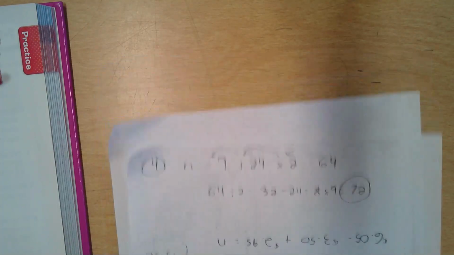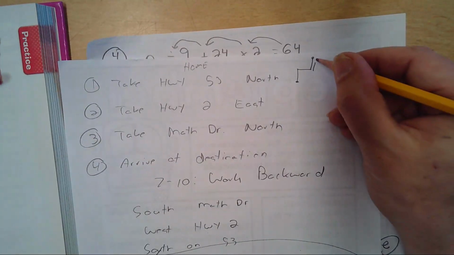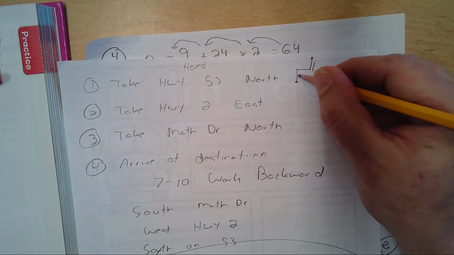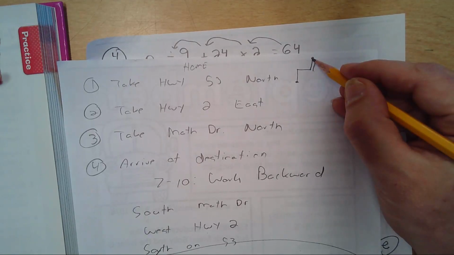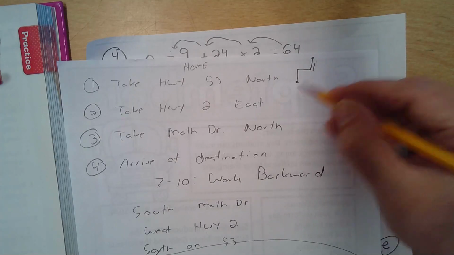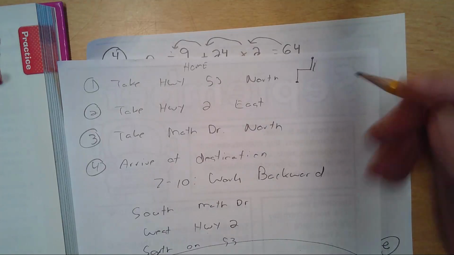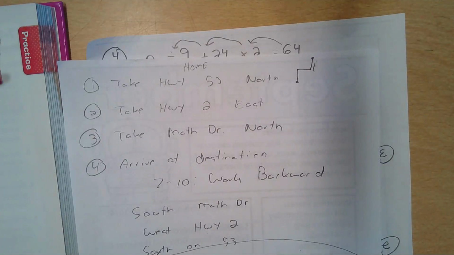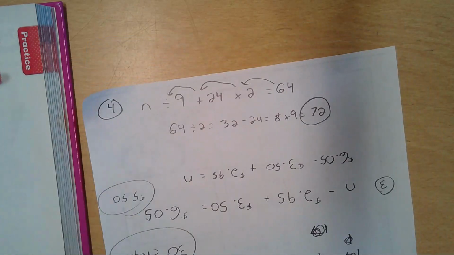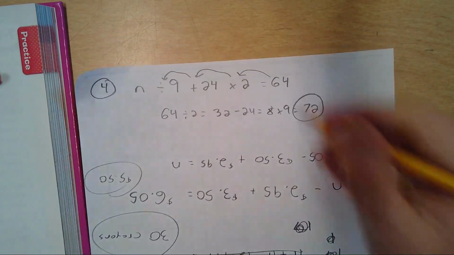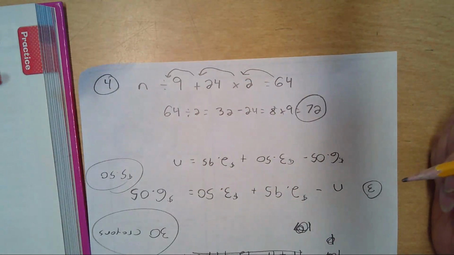And again, it's just like the driving directions. To get home, first I go south on this road, then this road, then this road. I can't say from here I'm going to go south on 53 and then south on Math Drive and then west on, that wouldn't make any sense. Those roads, it's not even possible, right? So to get back, you have to take the same steps in the same order that you did them here.